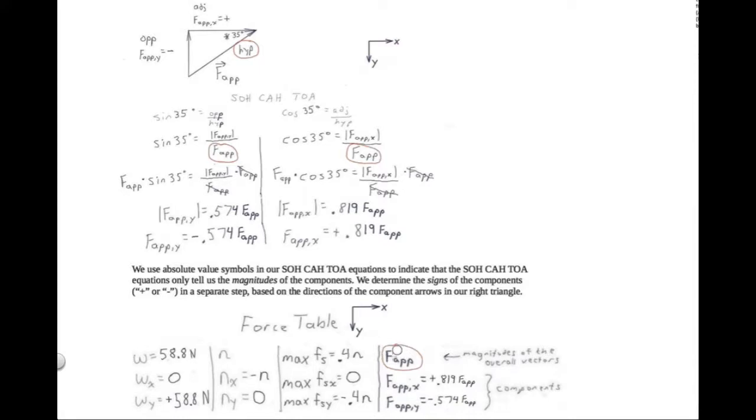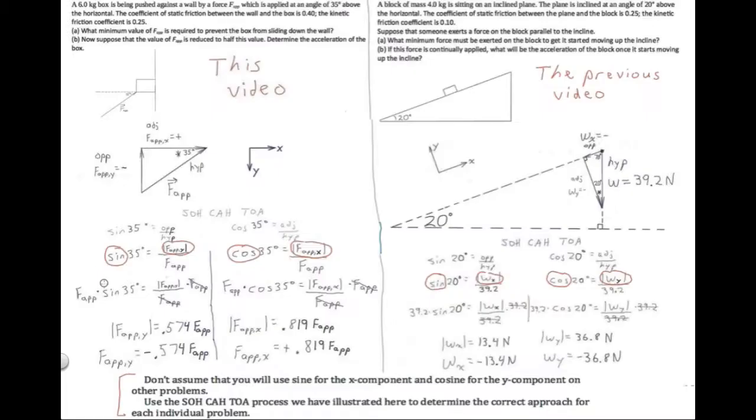And then we used this symbol in our SOHCAHTOA equations to represent the length of the hypotenuse. You don't need to have a number for the magnitude of a force in order to break that force into components. For this problem, we used sine to find the y component and cosine to find the x component.